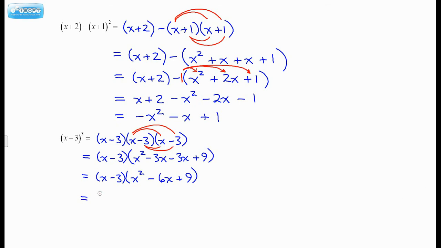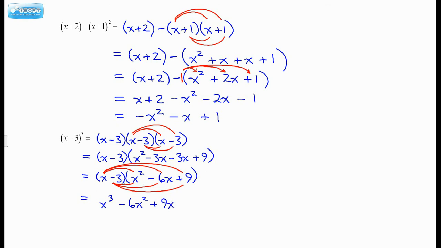I'll draw the lines this time. There, there, there, and then here, here, and here. So I get x cubed minus 6x squared plus 9x.